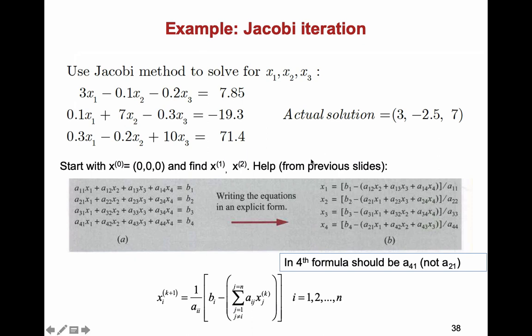And when I do that, I get something looking like this. Then I do the same thing in the second equation, using the diagonal element x2, and I express x2. And then x3, x4. And if I have n of them, I go n times.